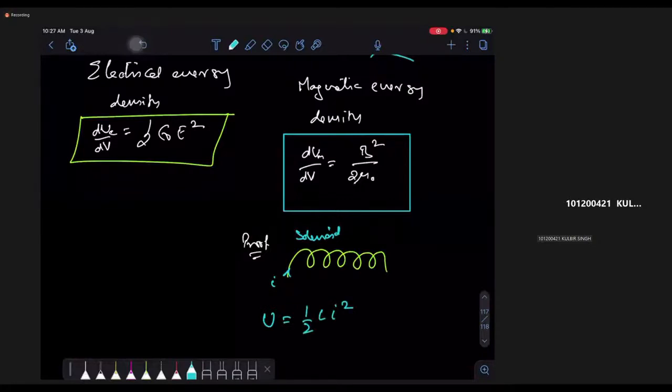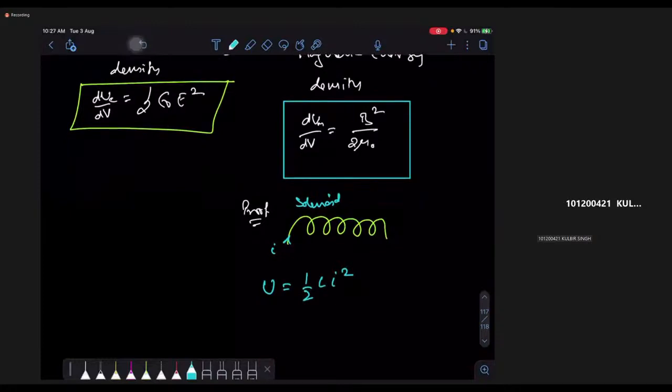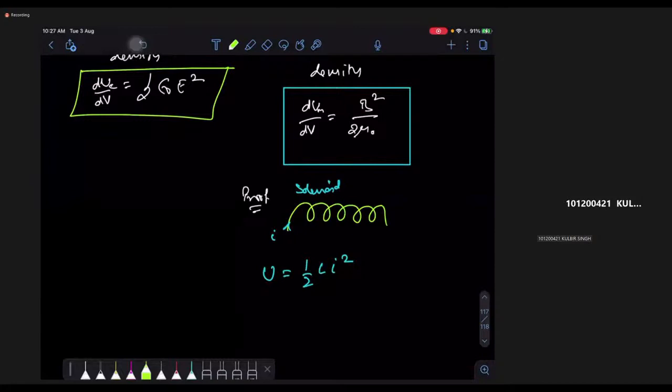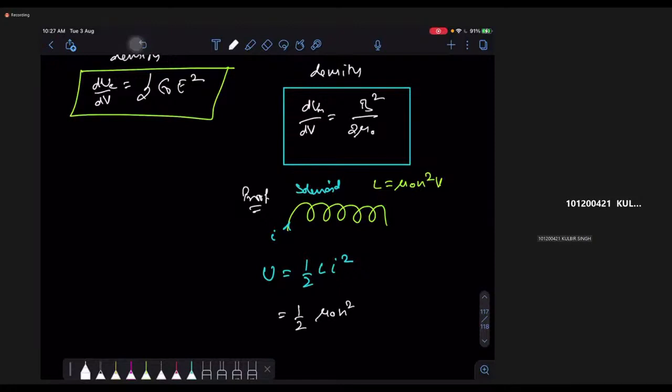That's my energy of a solenoid. Another thing, if you remember, we have discussed that the inductance of the solenoid is mu naught n squared into the volume. So we can think of the energy as half mu naught n squared V, that's my inductance, into I squared.